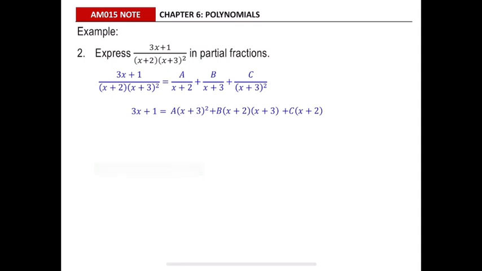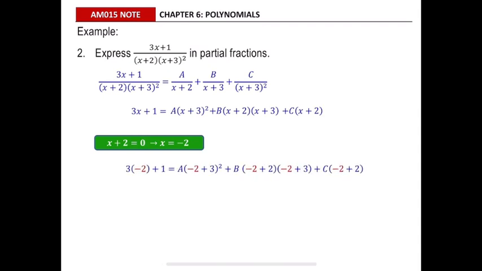We substitute x equals negative 2 first. And from here we can cancel out these two parts and we get the value of A. Then substitute x equals negative 3.